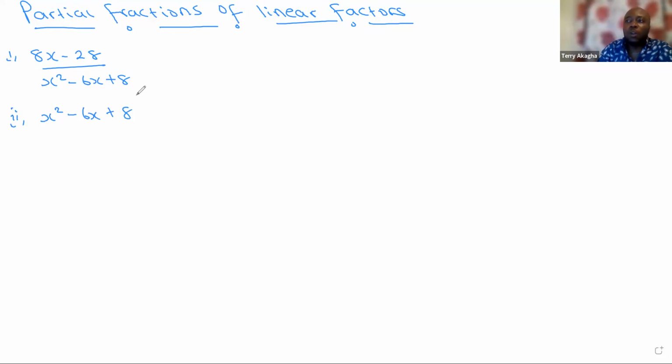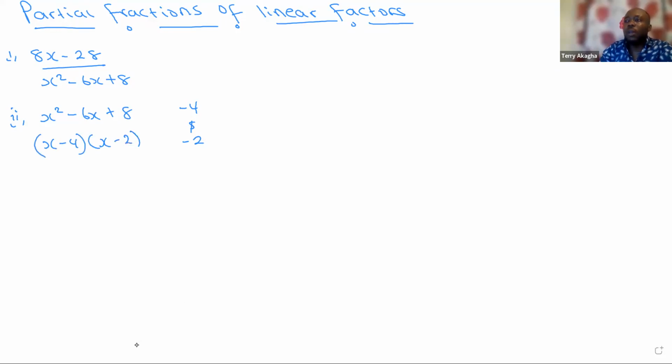So we're going to look for 2 numbers that if you multiply, it will give you 8, and if you add, it will give you minus 6. So that means it's minus 4 and minus 2. Minus 4 times minus 2 will give you plus 8. Minus 4 plus minus 2 will give you minus 6. So it's going to give you x minus 4 and x minus 2.